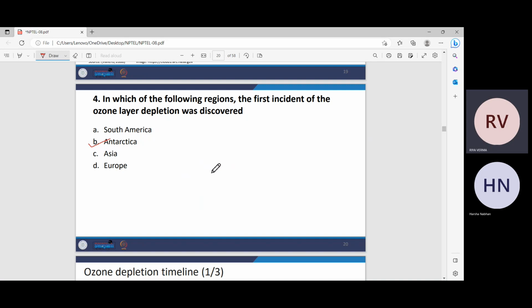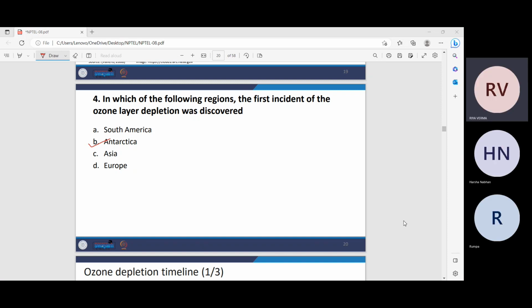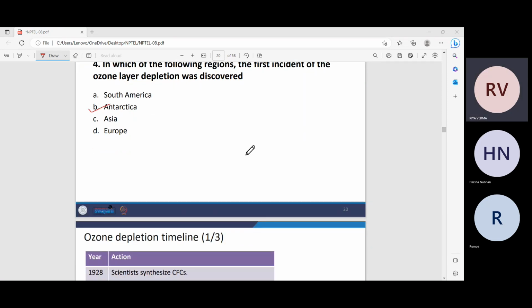Due to this depletion, the layer gets thinner at certain places, and due to this the UV rays start penetrating through this layer, and that is very harmful. Since these UV rays are reaching the Earth's surface, at certain places the temperatures are observed to be quite higher, because there the ozone is thinner as compared to the other regions.